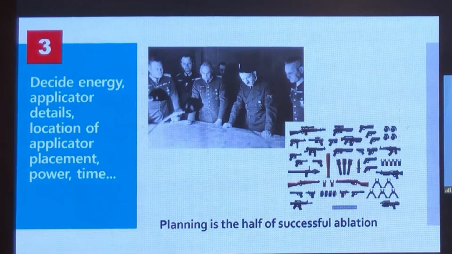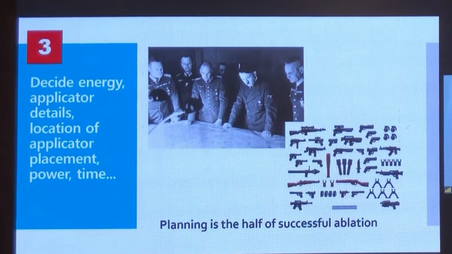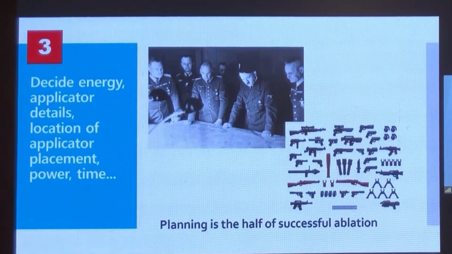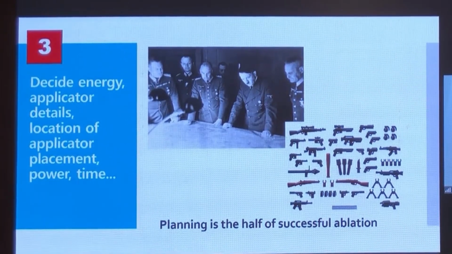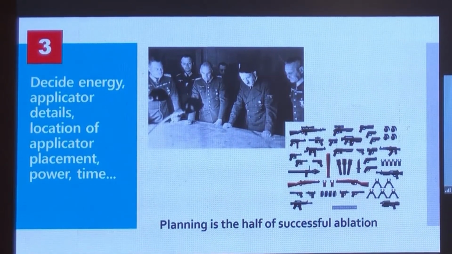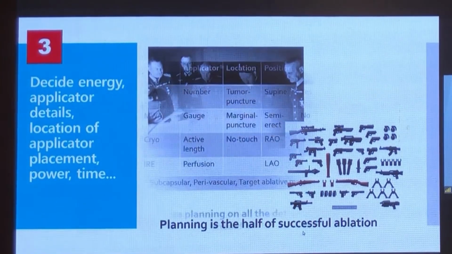The next technical tip is to decide energy source, applicator details, the location of applicator placement, and ablation power and time. As we all know, planning is almost half of a successful ablation.